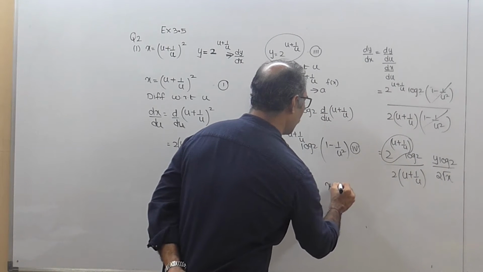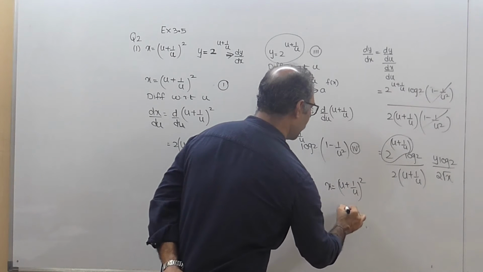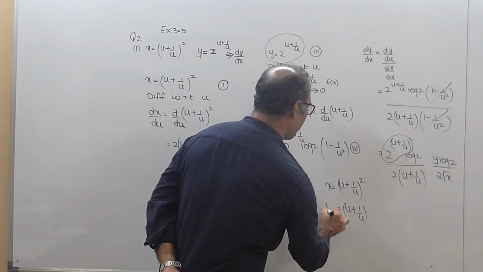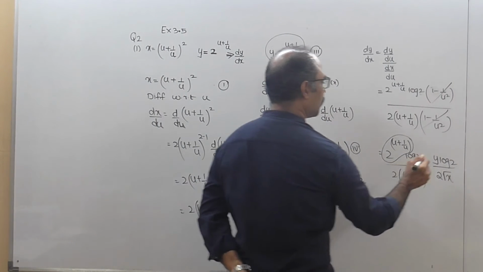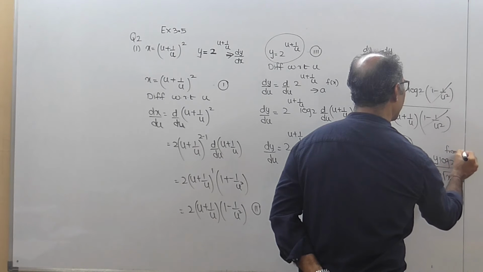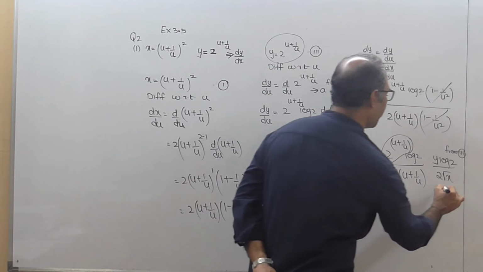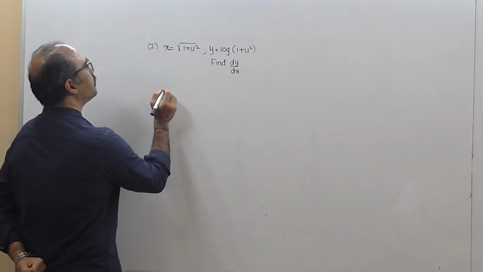See, x equal to u plus 1 upon u the whole square. So what is 1 plus 1 upon u? 1 plus 1 upon u will be nothing but square root of x. So that's how you get the square root of x. So you can write here from 3, and this you can name it as 5, and here you can write from 5.